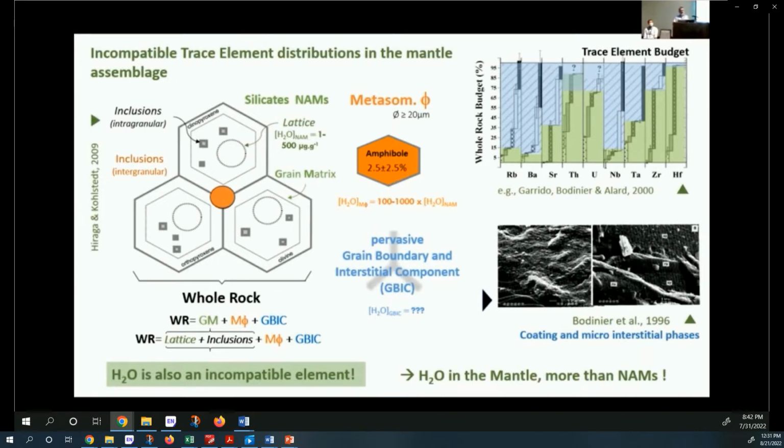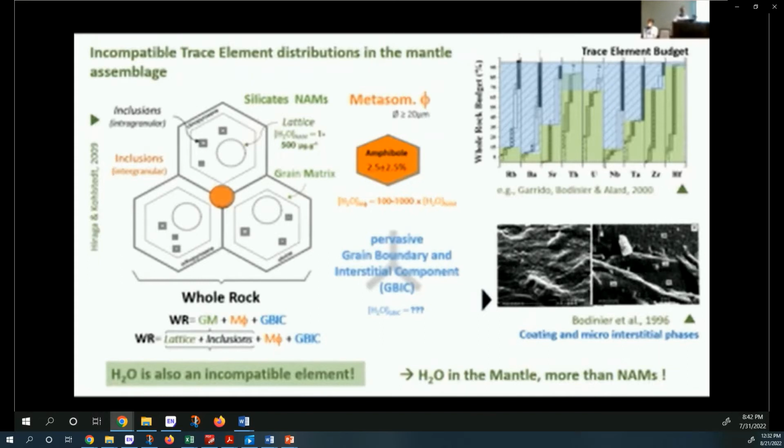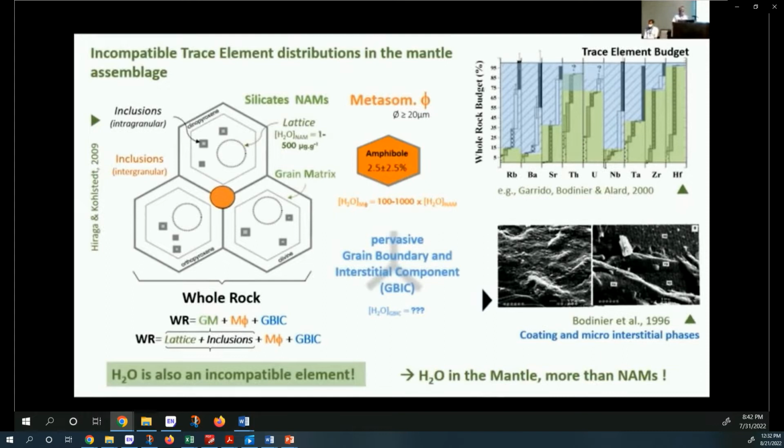And we know that inclusions in the grain matrix, but also what has been called the pervasive grain boundary and interstitial components, are a major reservoir for incompatible elements. Because it's a bit long, I will call it GBIC all through. So if we think about it, water is also an incompatible element. Therefore, water in the mantle must be more than NAMs.